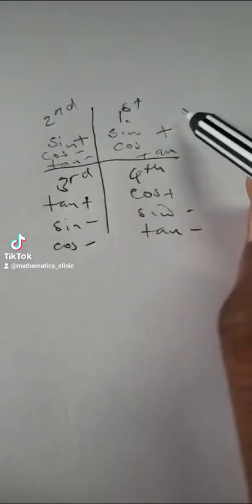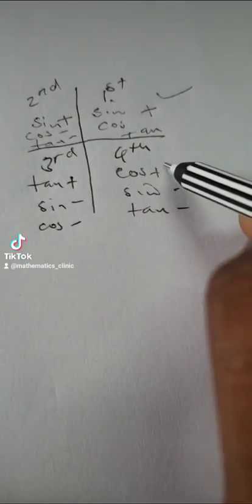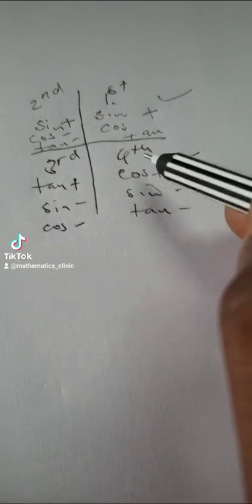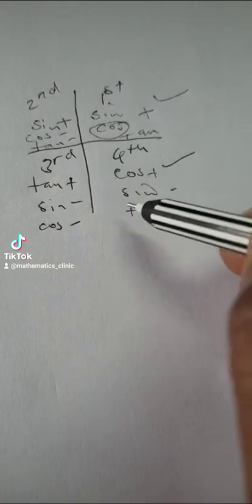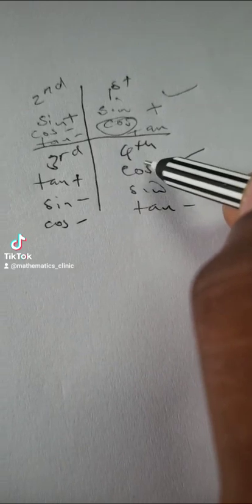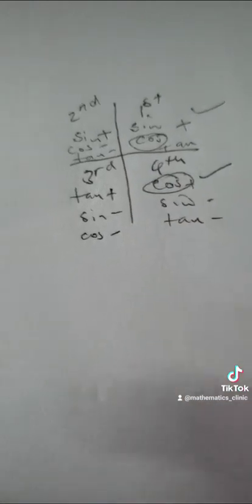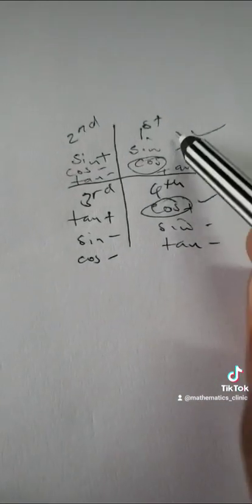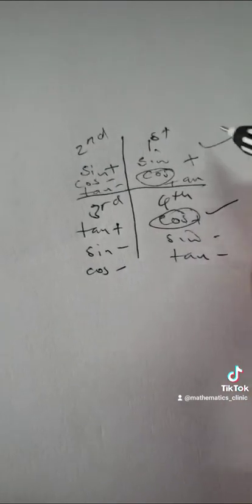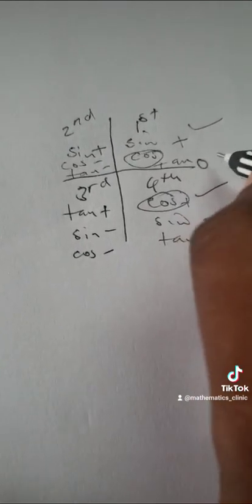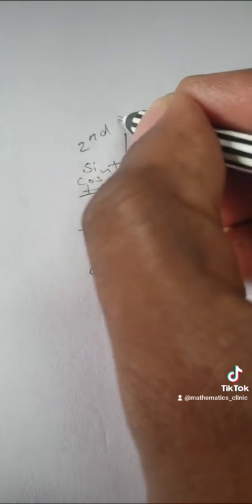So since our cos is positive, our answer lies in the first quadrant or the fourth quadrant, where cos is positive. So our answer should lie between 0 and 90 degrees.